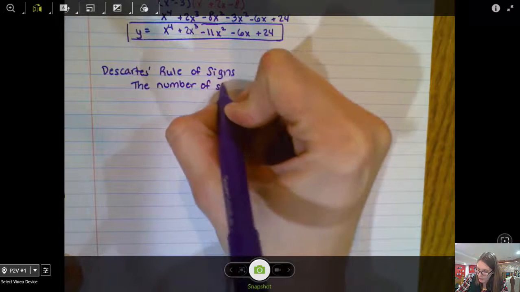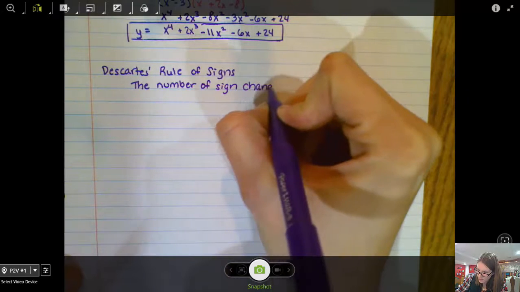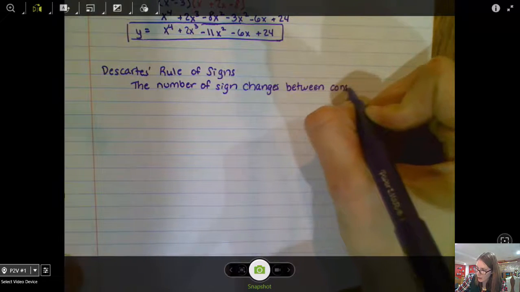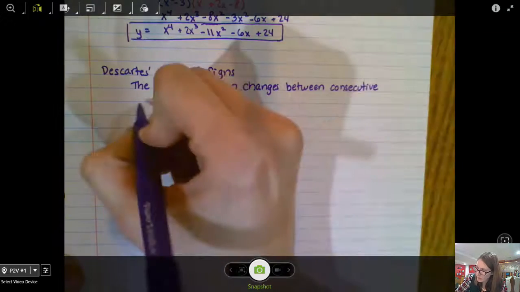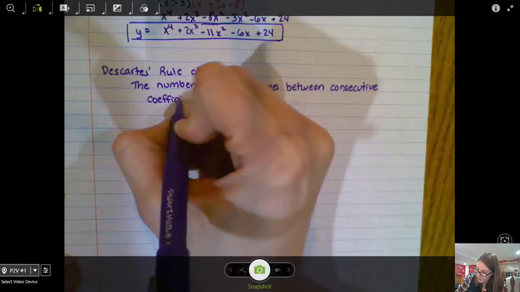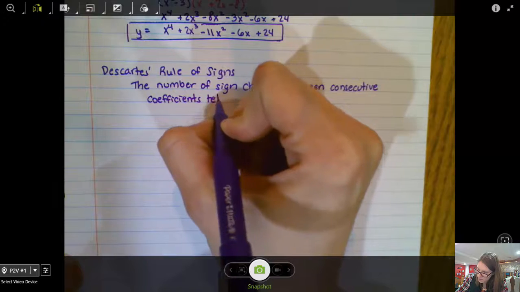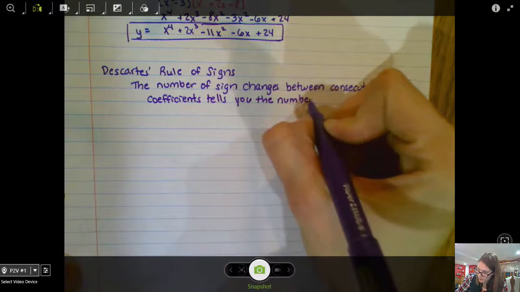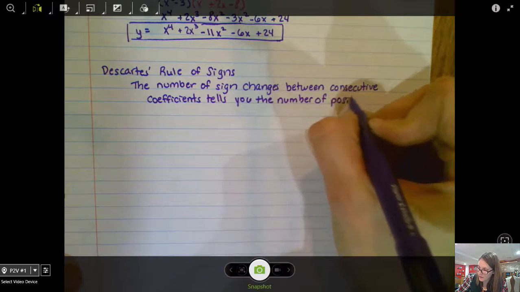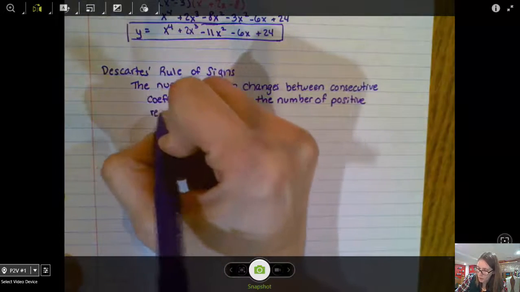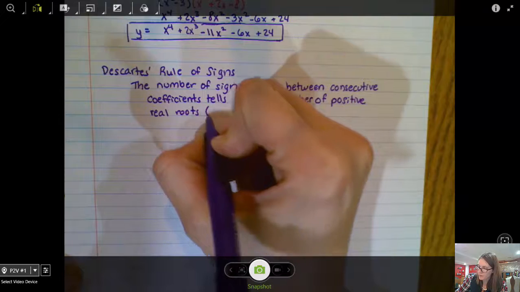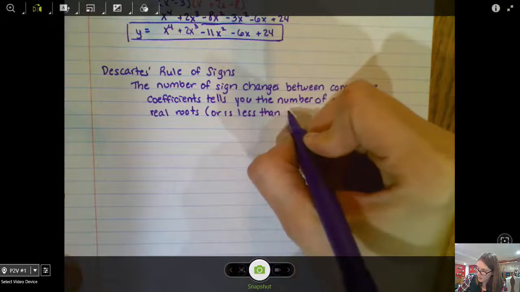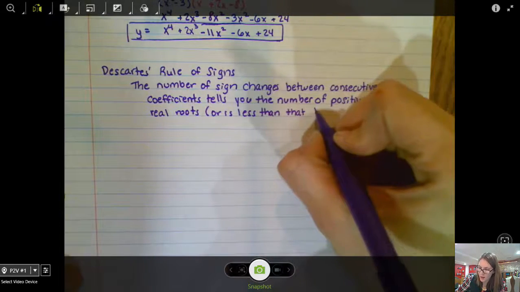The number of sign changes between consecutive coefficients tells you the number of positive real roots, or is less than that by an even number.